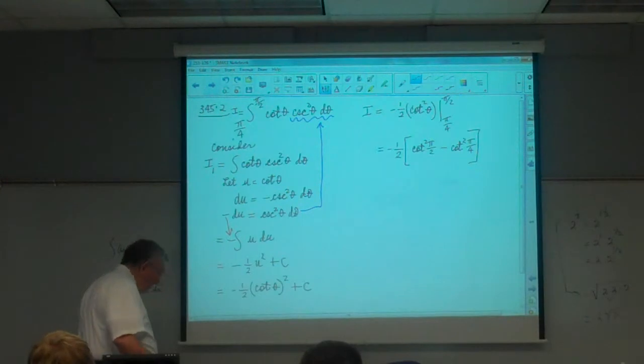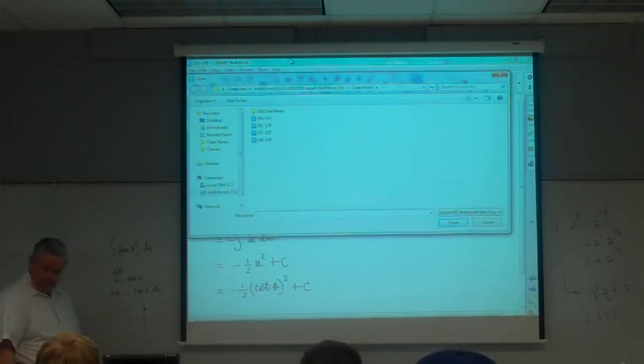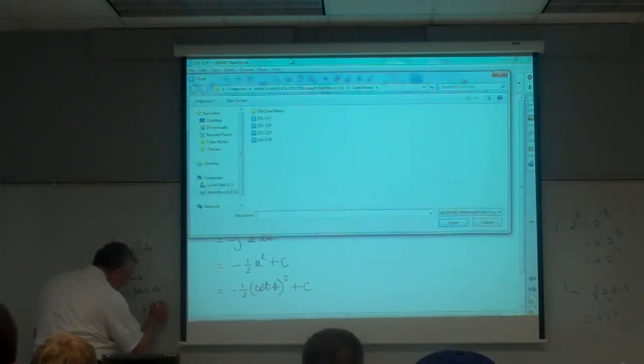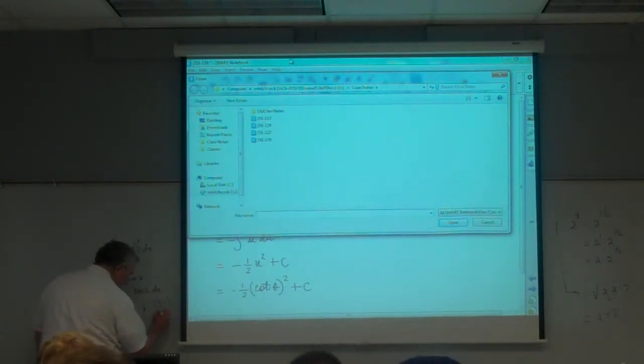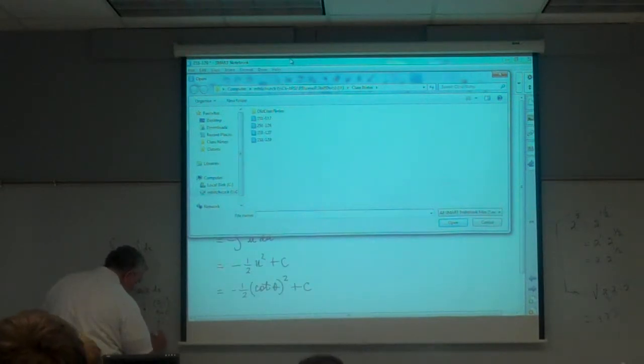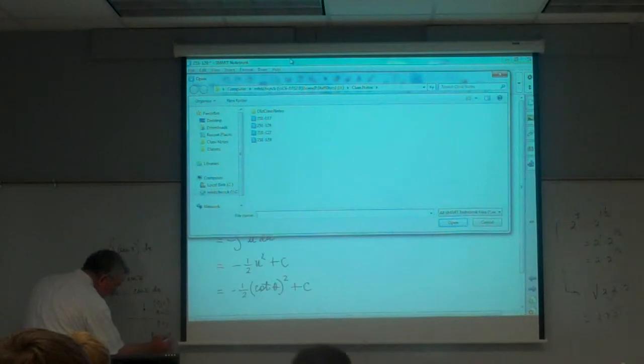Well, remember how I showed you to do it? What are the coordinates of that point? 0 and 1, is that right? So x equals 0, y equals 1. What's tangent theta equal to in terms of x and y? That's right, y over x.